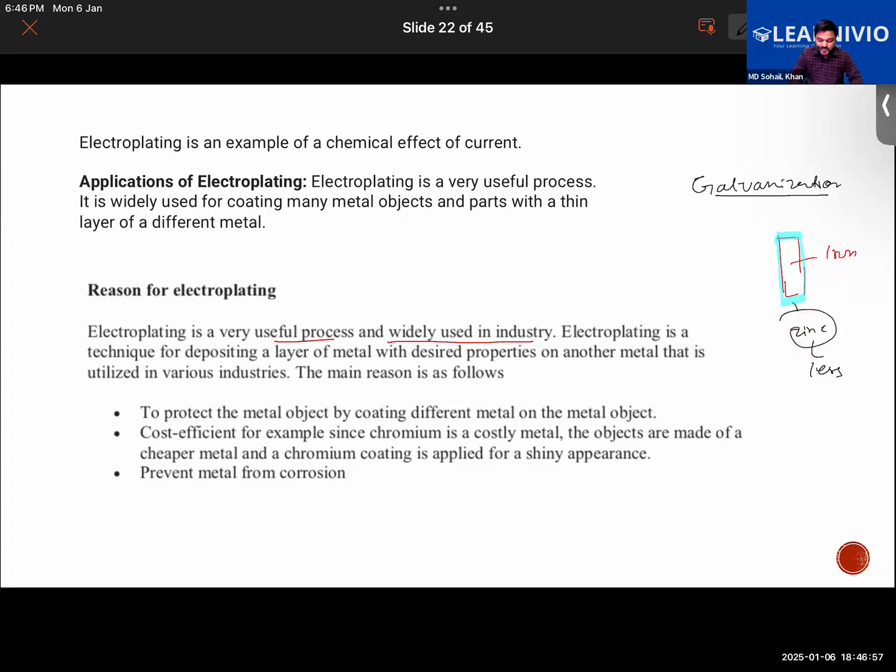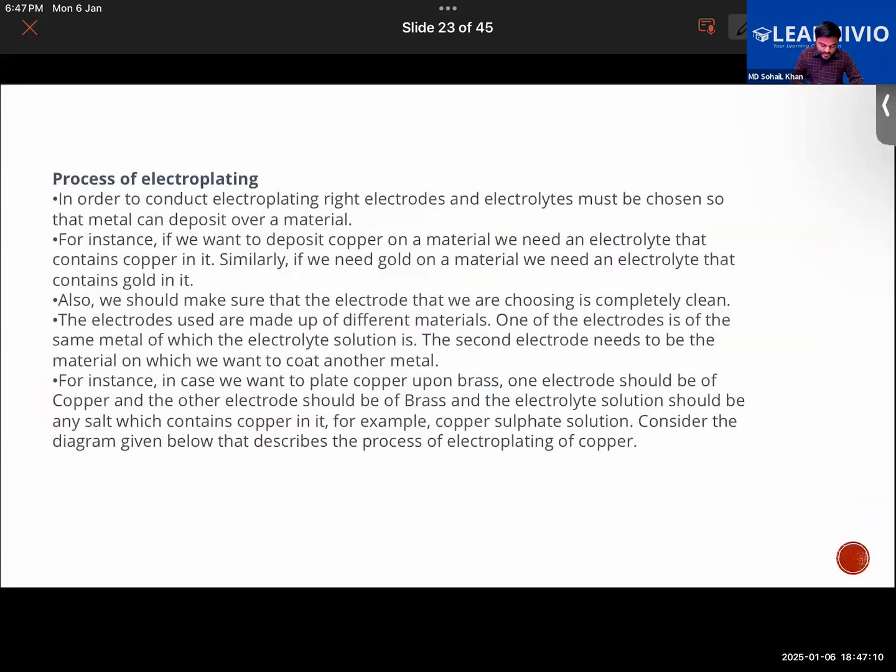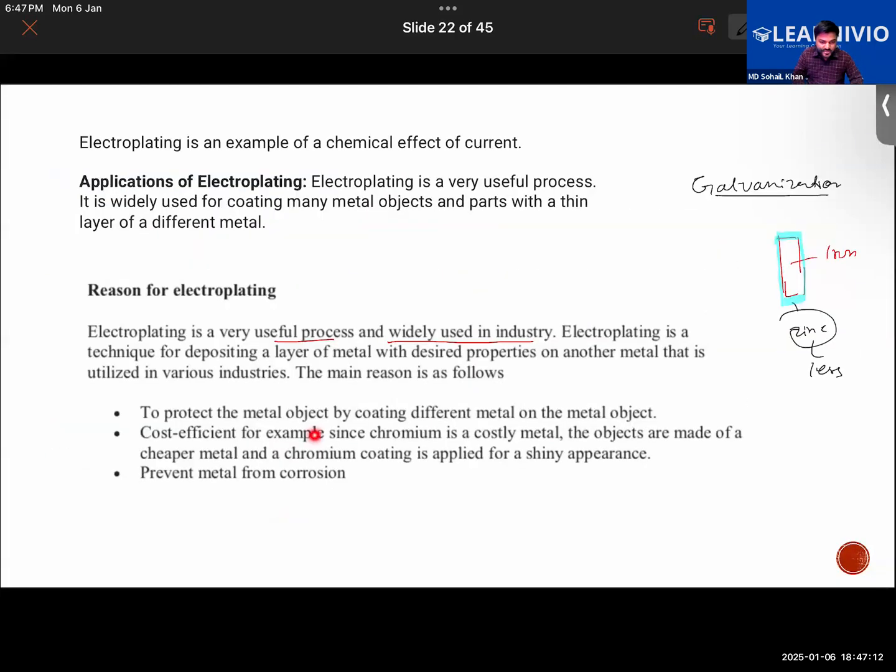Further, you have some other examples. Take a look at this. We are doing a layer coating of chromium over this, which is a very shiny metal. Another reason is cost efficiency.